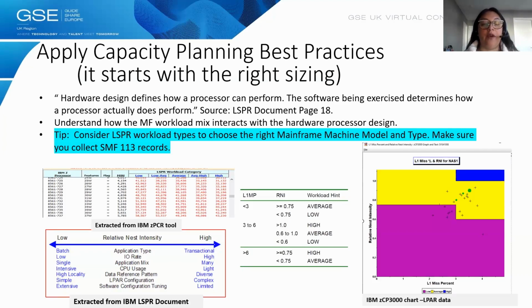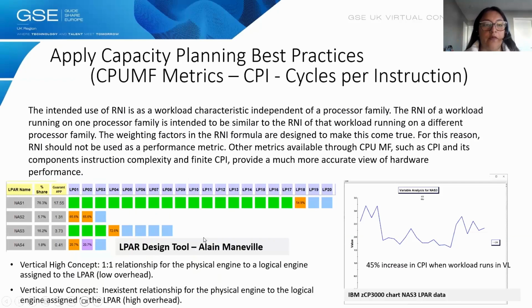For example, if you have your workload classified as high, with high transactional workload or high IO intensive, etc., maybe one machine type and model that you're envisioning to buy would not be the right fit, because the high workload tends to give less MIPS per mainframe processor model and type. Okay. Let's move on.